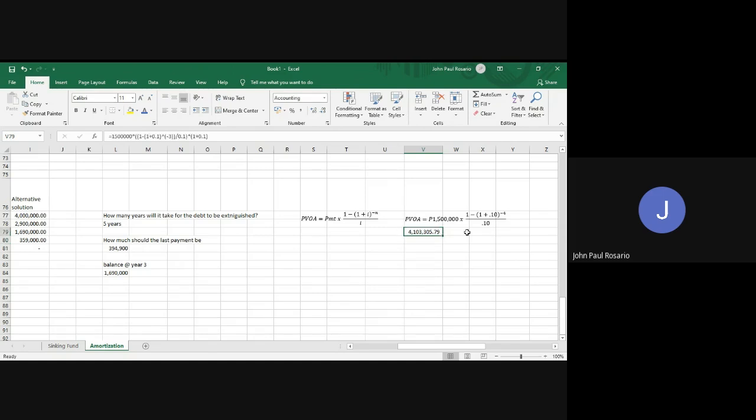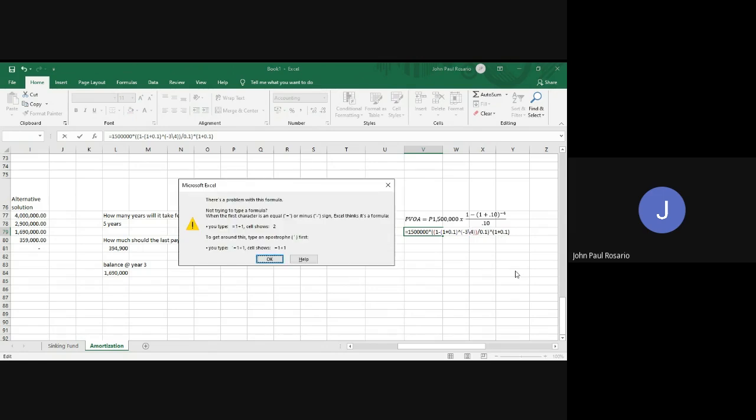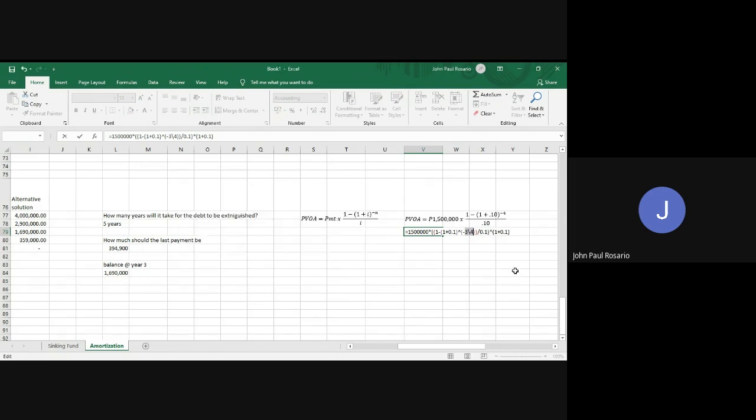Tapos, kung negative 4. Sorry. Okay. Present value of payments. Okay.